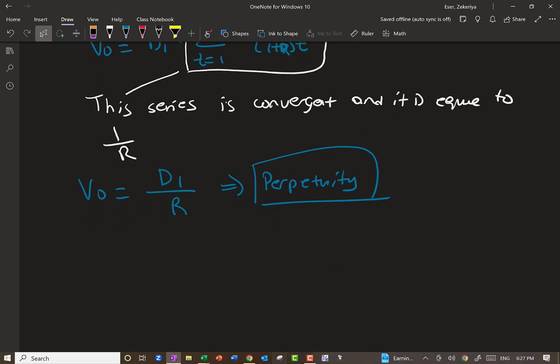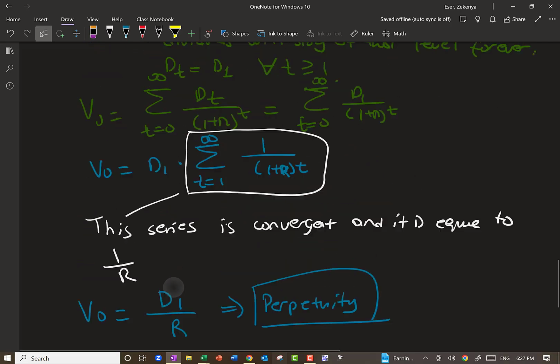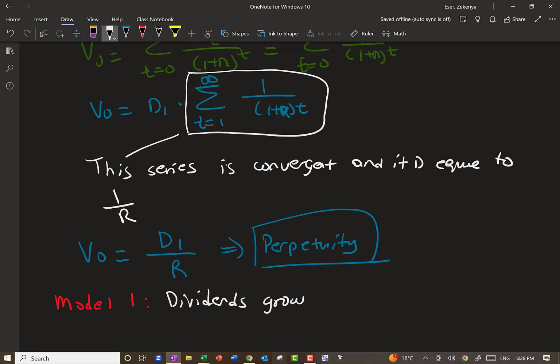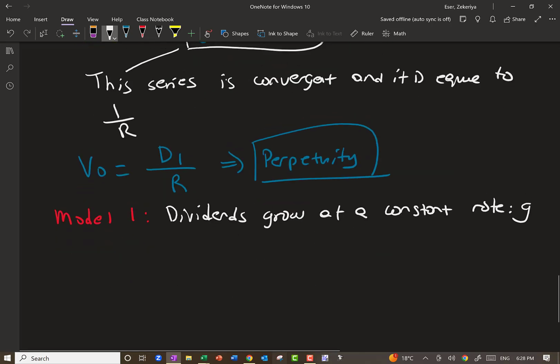Okay, that one is easy. Our Model 1, we're going to have dividends grow at a constant rate. It's called g.